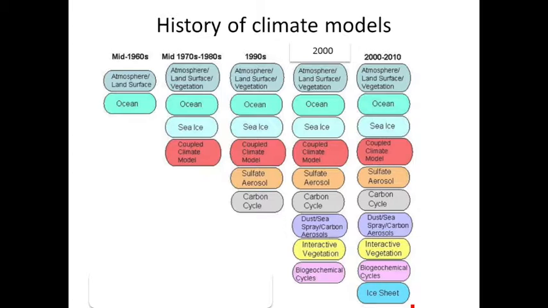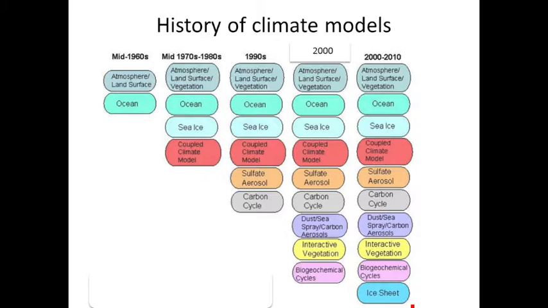So the solar radiation that arrives at the surface would be different. So this was another thing to include. And then the carbon cycle as well, because we need to know what are the sources of the carbon. In the 1990s, this CO2 increase was included also in the model.